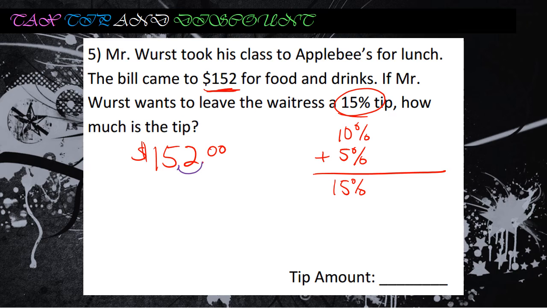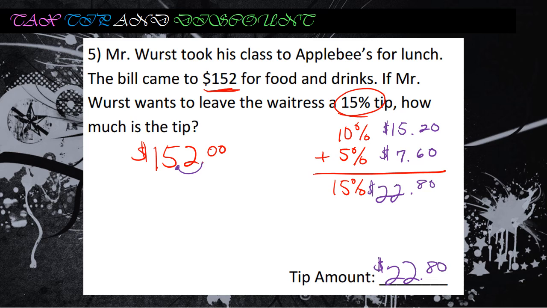We just move our decimal point over one spot, which gives us $15.20. To figure out our 5% for the tip, it comes out to $7.60. Let's add those together to get 15%. When we do that, it comes out to $22.80. So our tip total is going to be $22.80.